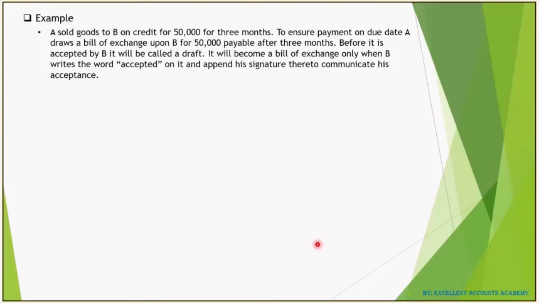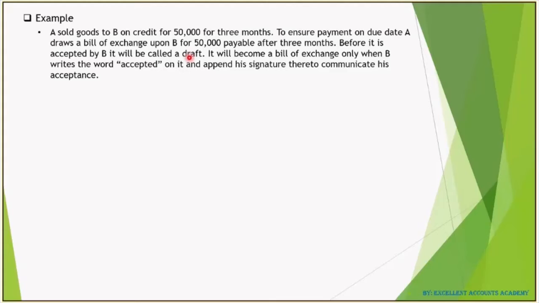Okay. Now I'll put one example so that it will clarify to you what is a bill of exchange. So for example, A sold goods to B on credit for 50,000 for 3 months. To ensure payment on the due date, A draws a bill of exchange upon B for rupees 50,000 payable after 3 months. Before it is accepted by B, it will be called a draft.